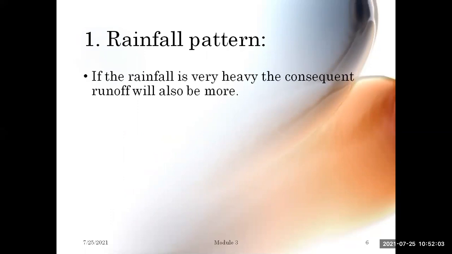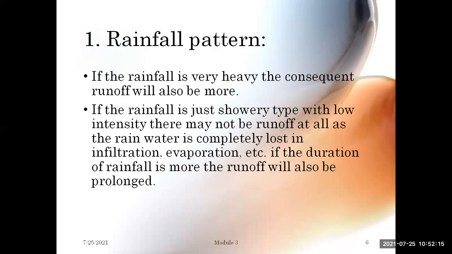As we already know, the main source of all the losses is the rainfall. If the rainfall is heavy, then obviously the runoff will be more. And if the rainfall is just a showery type, that is, if the intensity of rainfall is very low, then the runoff will also be very low.